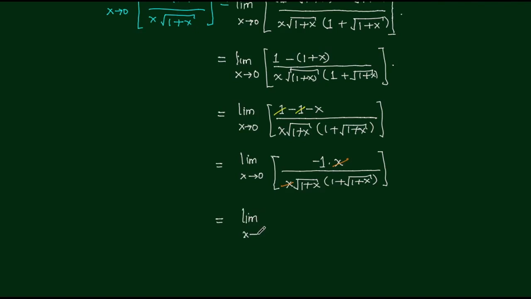So as x tends to 0, the numerator will just be negative 1 and the denominator will just be under root of 1 plus x times 1 plus under root of 1 plus x. Now when you look at this one, we can do our substitution without any problem.